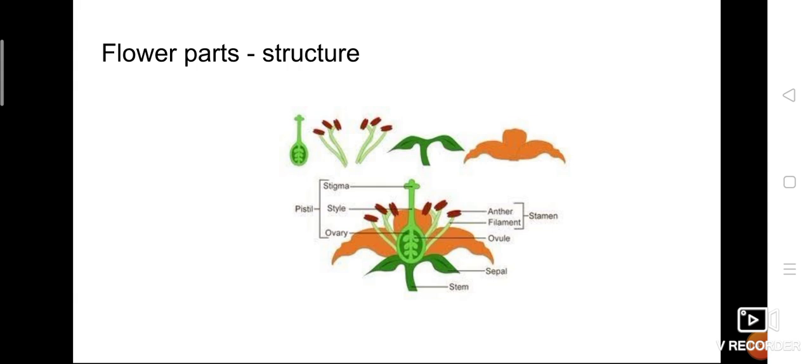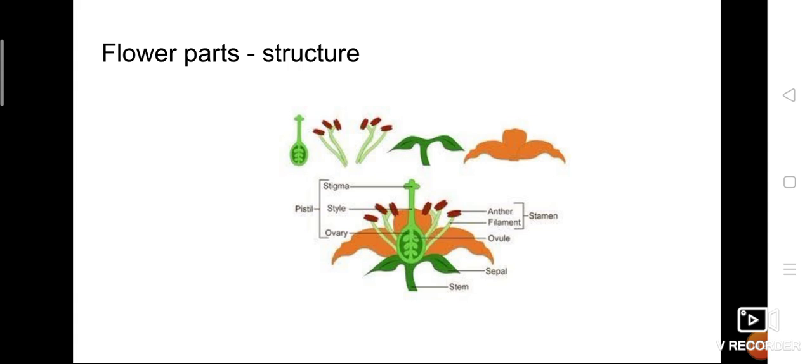The petals are hidden inside, covered by the sepals. When the bud turns into a flower, the petals are seen outside.